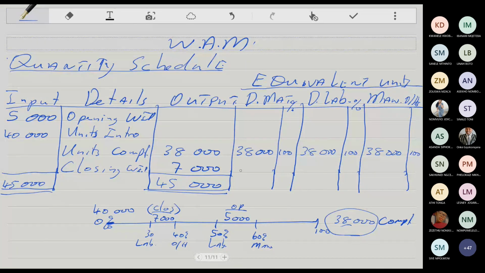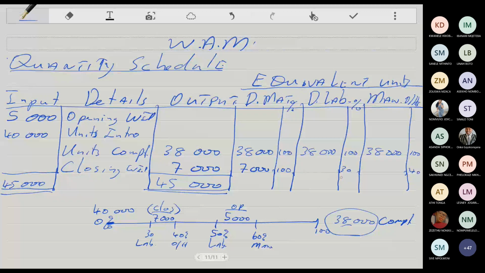So in your material, we will report 100% because of that. But coming to the labor, we will report 30%. The labor is done 30% and the conversion is done 40% to the 7,000. Which is the reason why the 7,000 units is the closing. We cannot transfer it to the next production process.